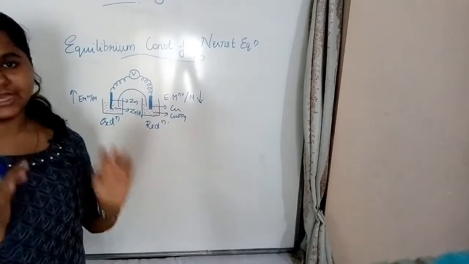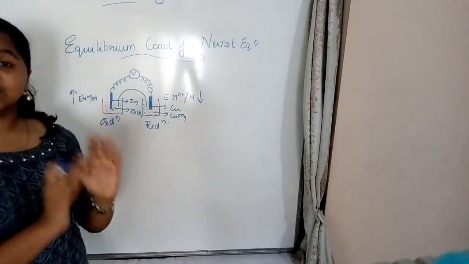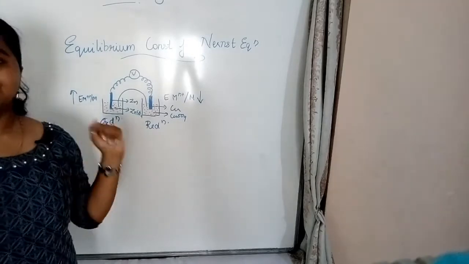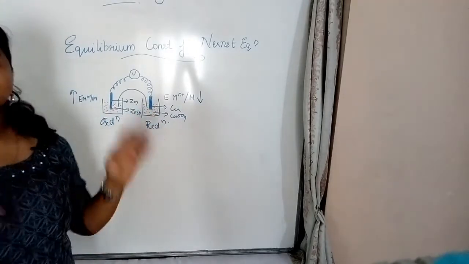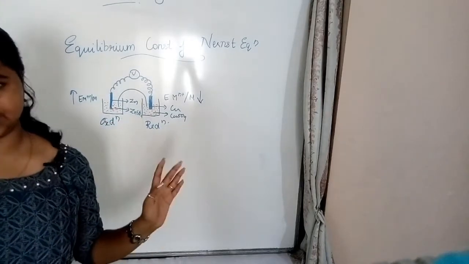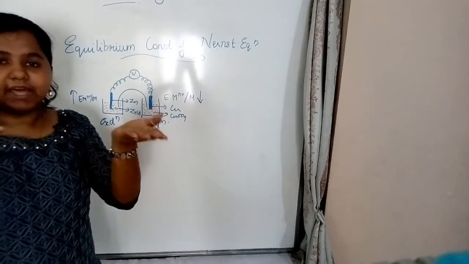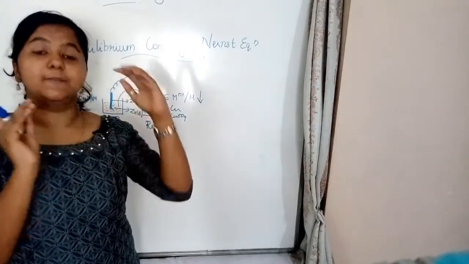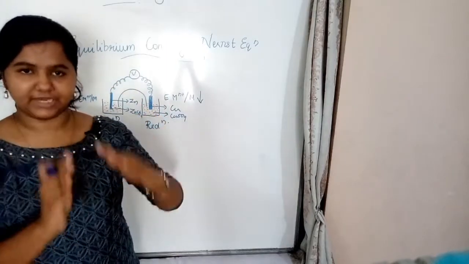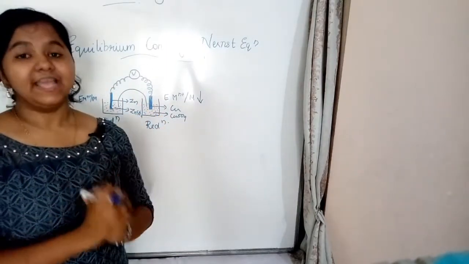In the oxidation half cell, when the reaction progresses, the electrode potential increases, whereas in the reduction half cell, the electrode potential decreases as the reaction proceeds. So what happens when there is a mutual increase and decrease? There is a point at which the values of both electrode potentials are the same, and that point is known as the equilibrium.